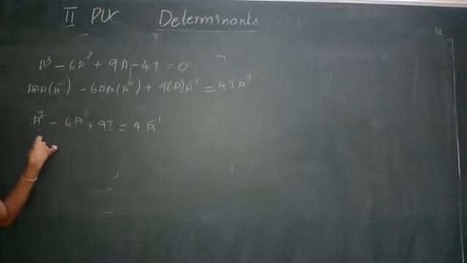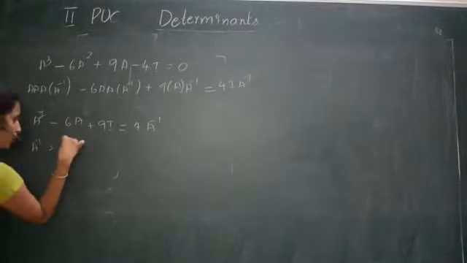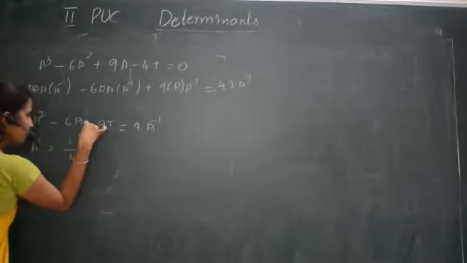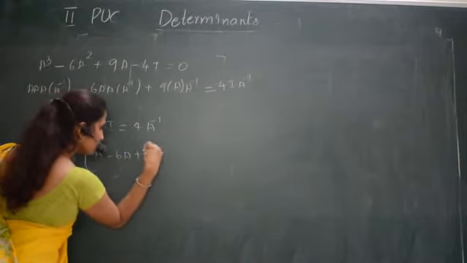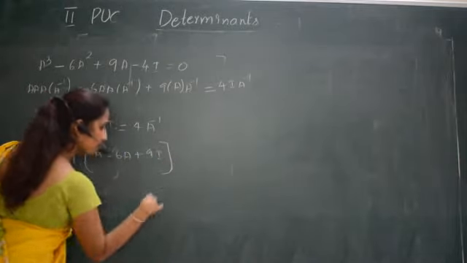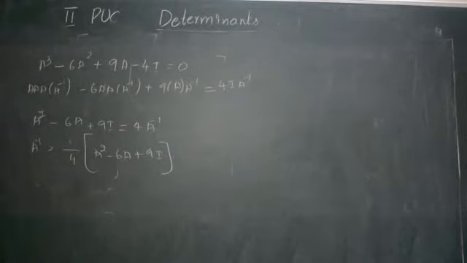Therefore A inverse is equal to 1 by 4 into A square minus 6A plus 9I.